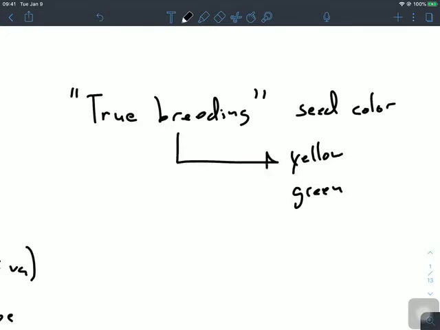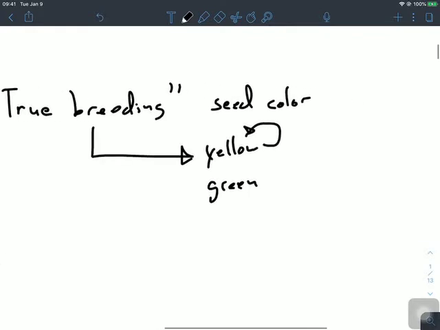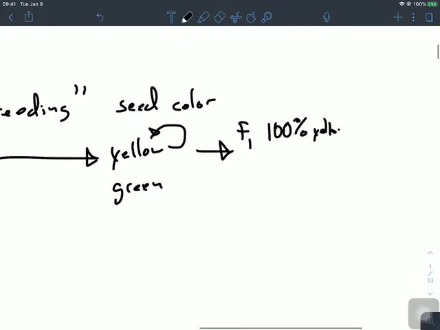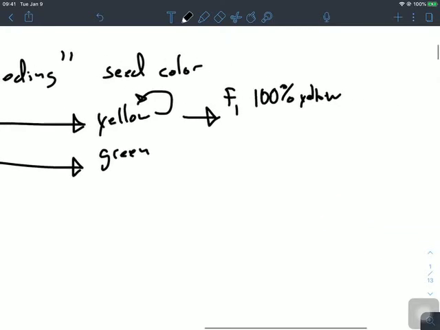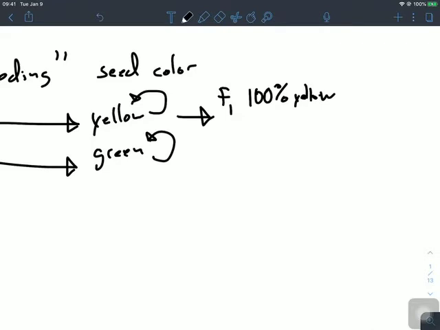And in order to be a true breeding plant, what that meant was that a yellow pea-colored plant would cross with itself, and always the F1 generation would be 100% yellow. Same would apply for a true breeding green plant. It would cross with itself, and the F1 generation would be 100% green.